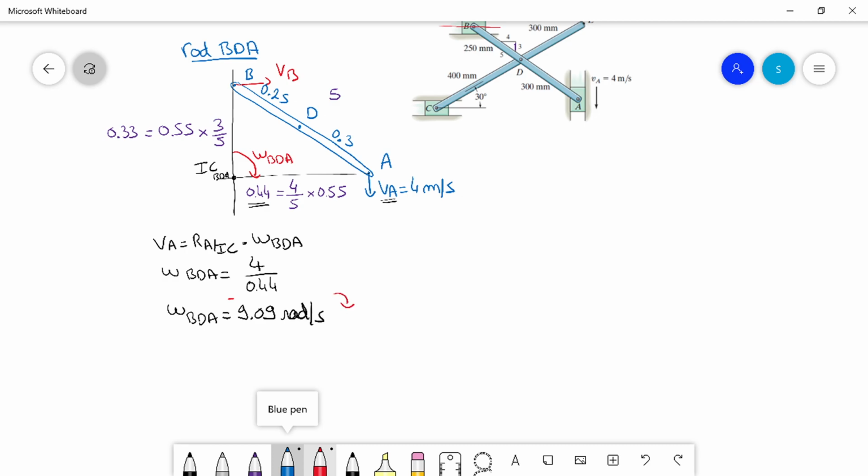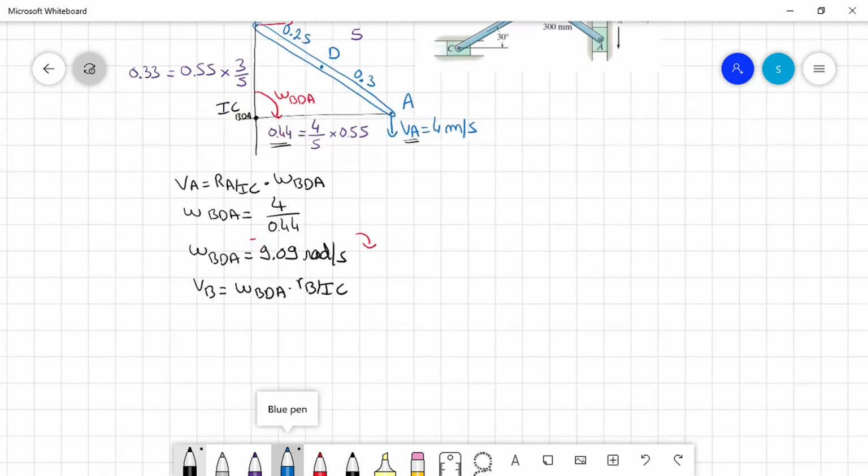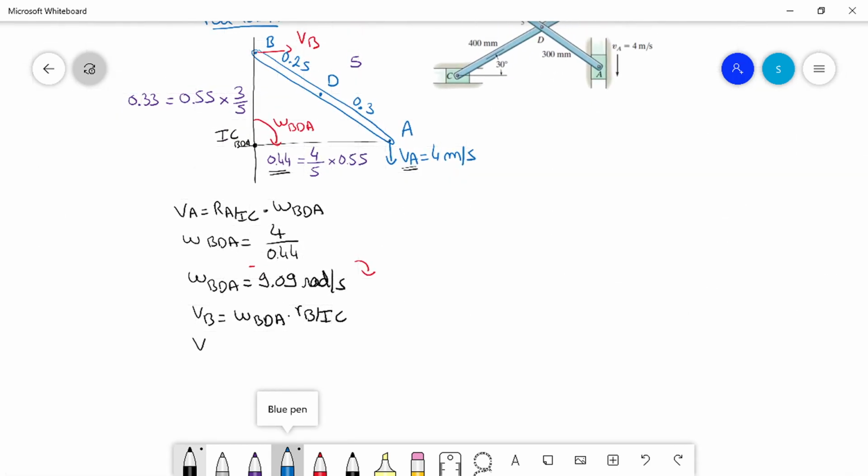We can find VB because VB is equal to omega BDA times RB from the IC, and we know RB from the IC, that's 0.33. So VB is equal to 9.09 times 0.33. That is 3 meters per second, and it's going to the right.